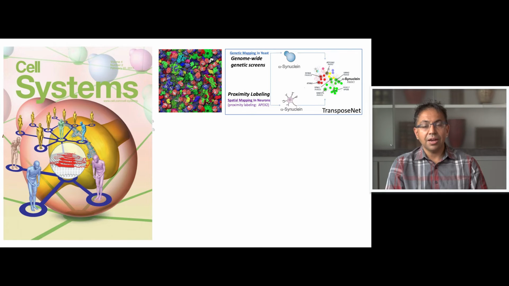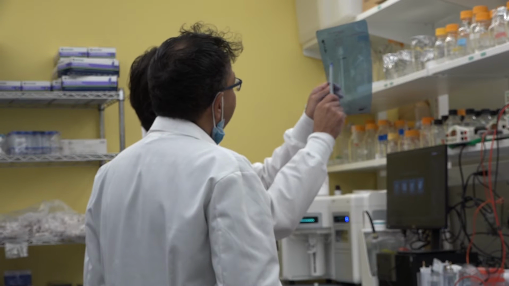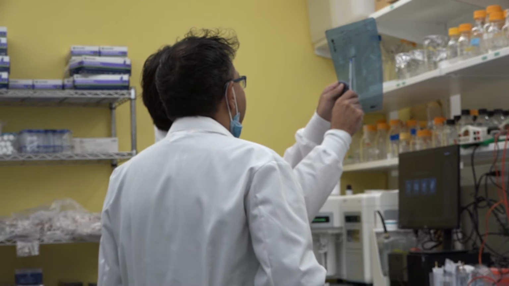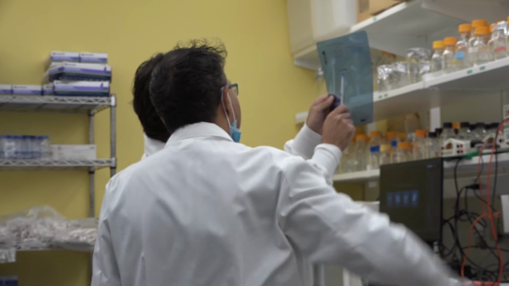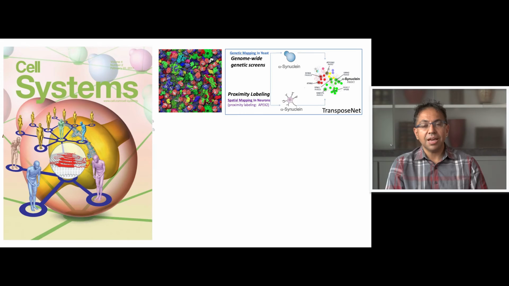Some years ago, and I'm not going to go into the scientific details here, our lab started to map out what the proteins around alpha-synuclein were. We systematically looked at all the proteins in the cell and started to identify what the critical neighbors of alpha-synuclein are that are being affected when it abnormally accumulates in cells.